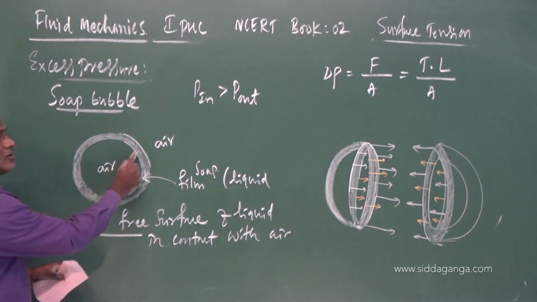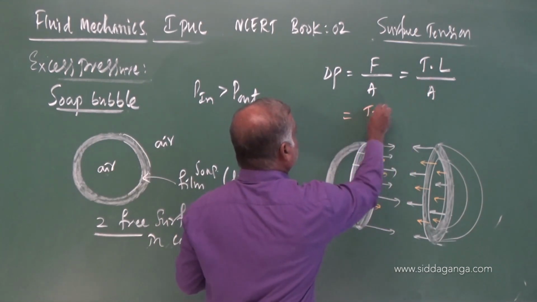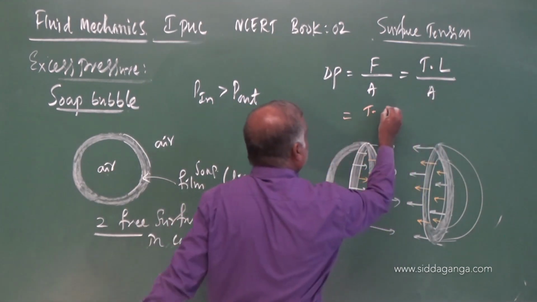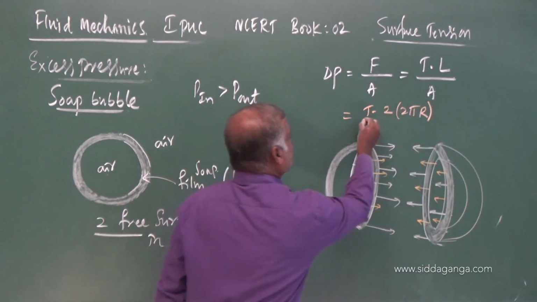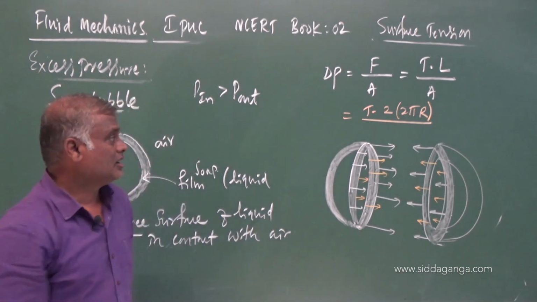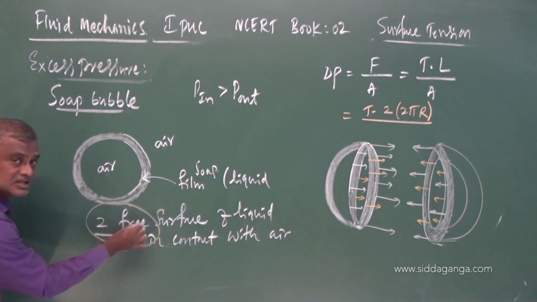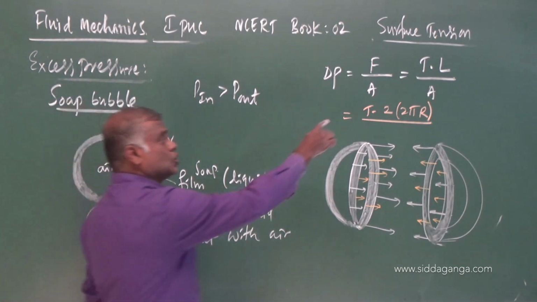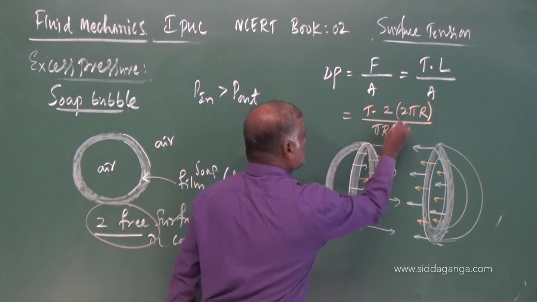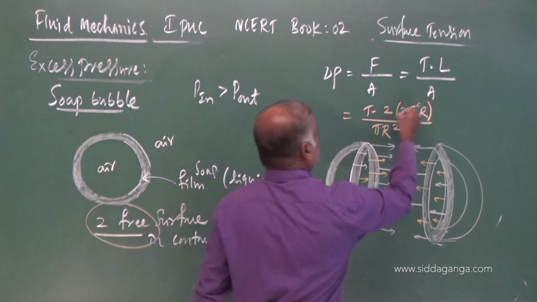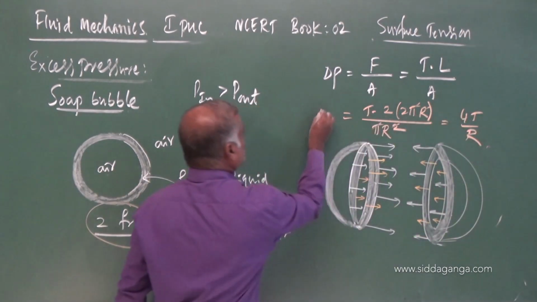That will be equal to T into L, which becomes 2 into 2 pi r divided by, again my dear students, why I have taken 2 here, because two free surfaces are in contact with air. 2 into 2 pi r divided by the area of the circle, that is pi r square. So pi r cancel, 4T by R.